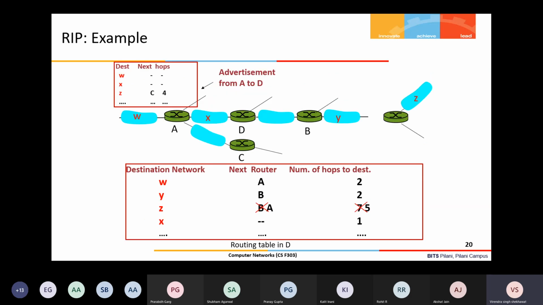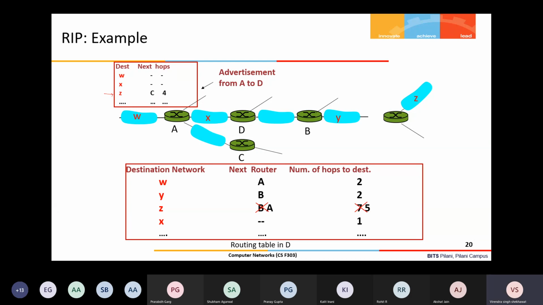Now in this situation, let us say that an advertisement came from A to D. A is sending this to D, saying that its cost to Z is 4.